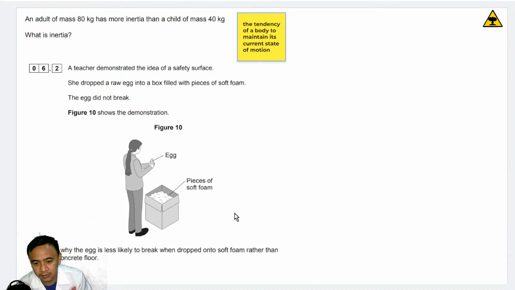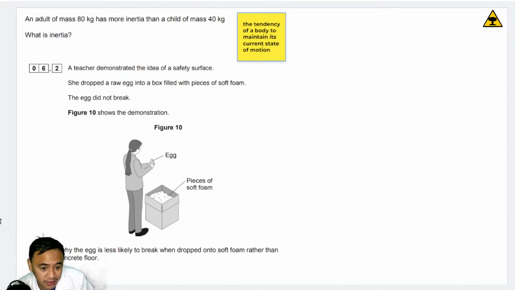Soft foam increases the time taken to stop, or it will increase the time taken to decrease momentum, which would decrease the rate of change in momentum, reducing the force on the egg.